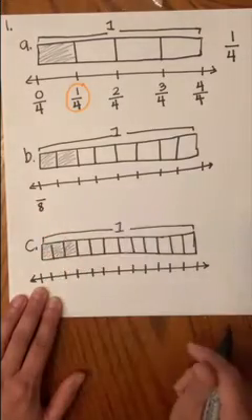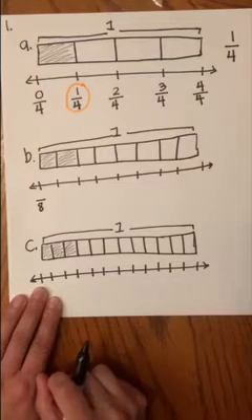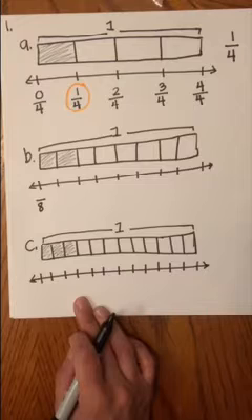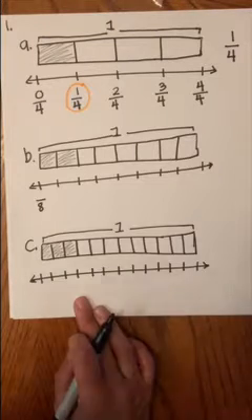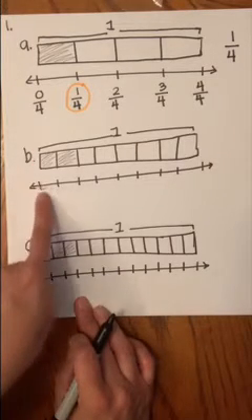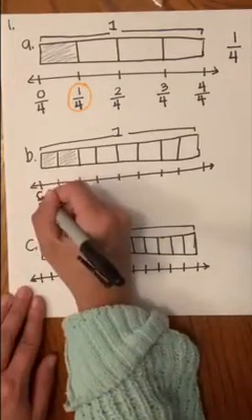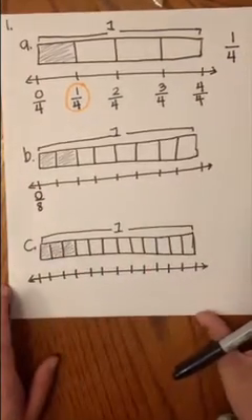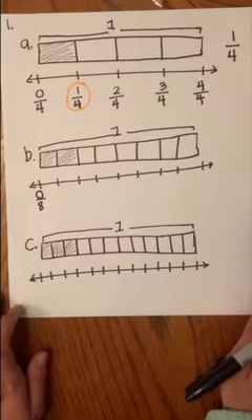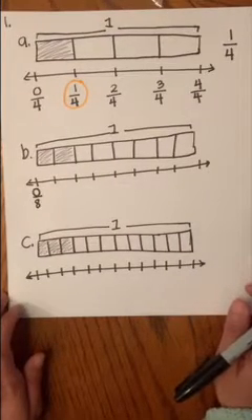So I'm going to go ahead and label my first line on the number line. What should I put here? Well, let's see. Looks like it's going to be 0, right? What do we think? Agree or disagree? And you know what?